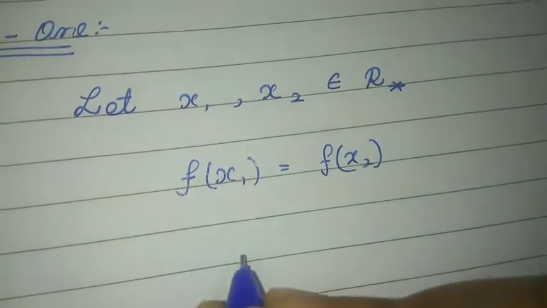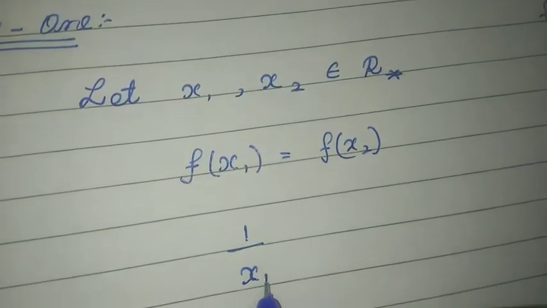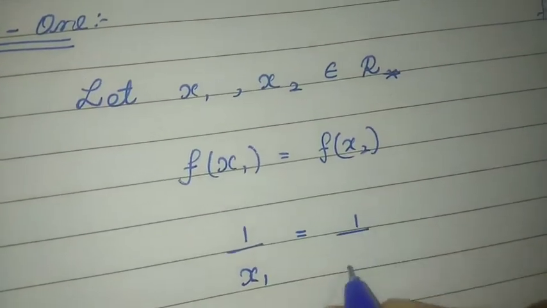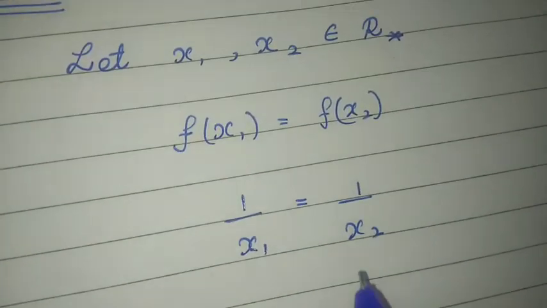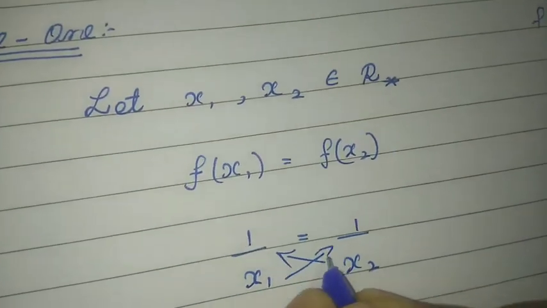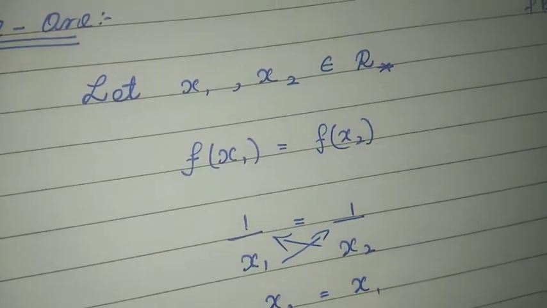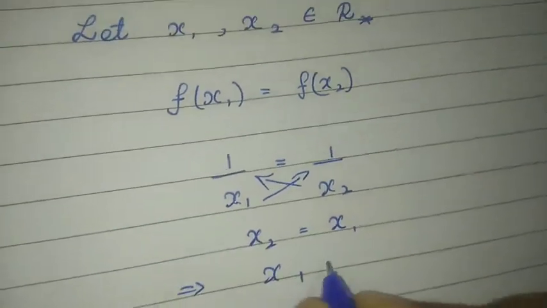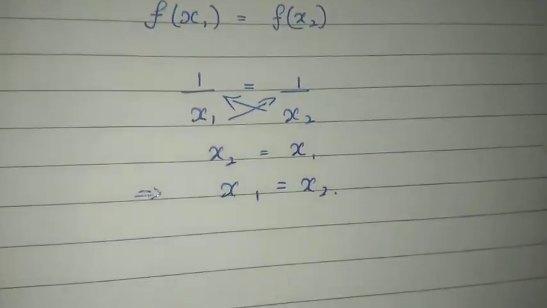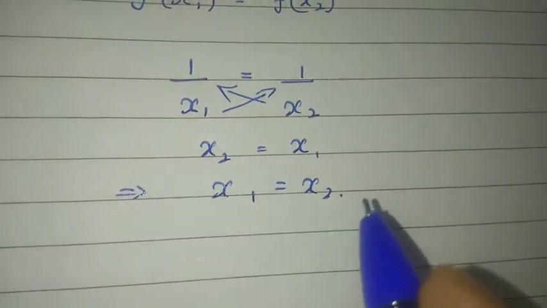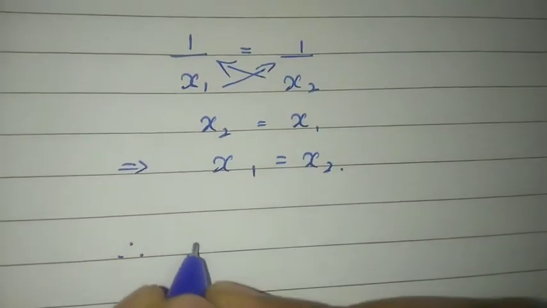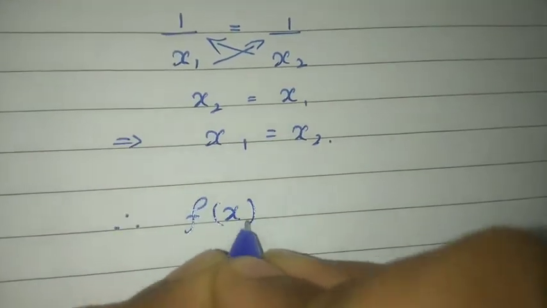So I will write 1 by x1 is equal to 1 by x2. When I cross multiply here, I will get x2 is equal to x1. Rewriting it, I will have x1 is equal to x2. Therefore, the condition is satisfied. So I will say f of x is 1 to 1.